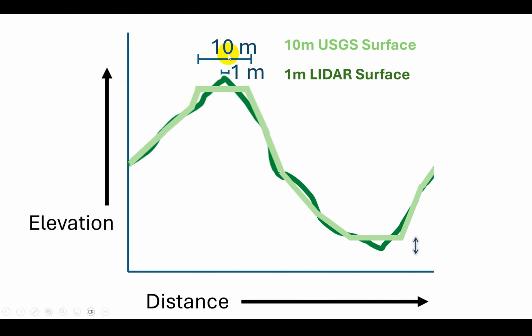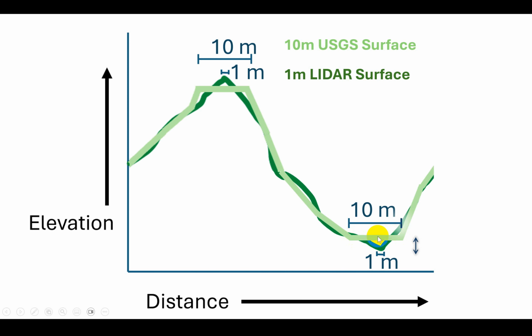So our peaks, when we're looking at a larger cell size, are going to draw lower because the average is going to be brought down. But then the exact same thing is true for our valleys, where if we have a bigger cell size, we're going to have more higher elevation values, bringing that average up for this wider cell.